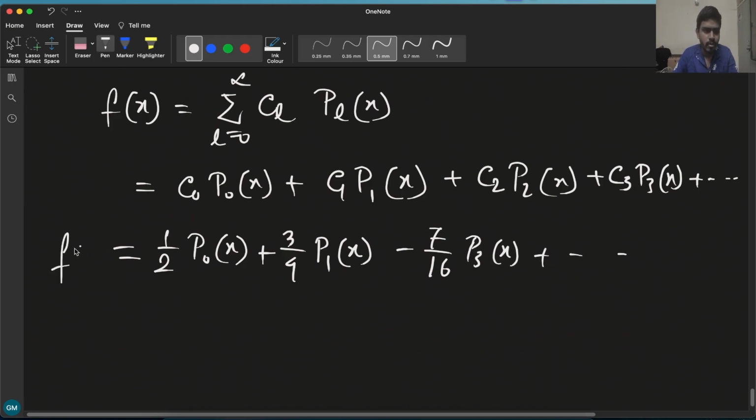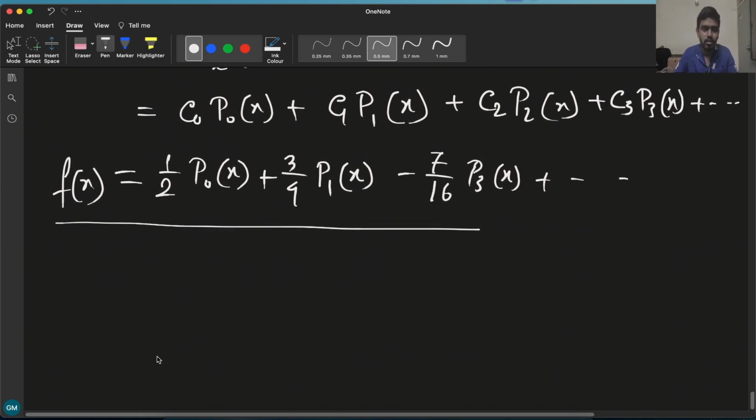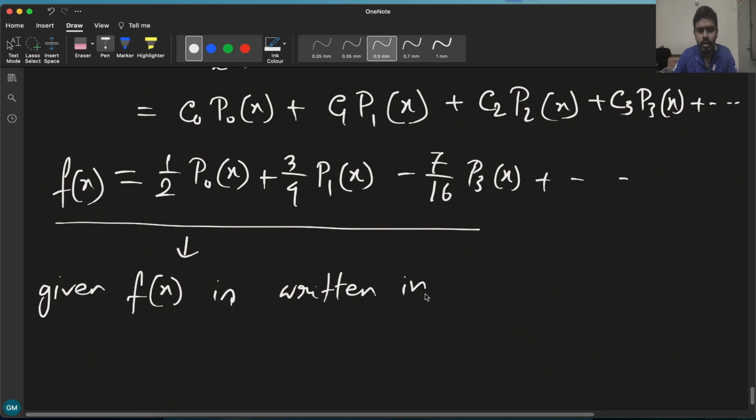So this is the function f(x). So the given f(x) is written in Legendre series. This is the Legendre series.